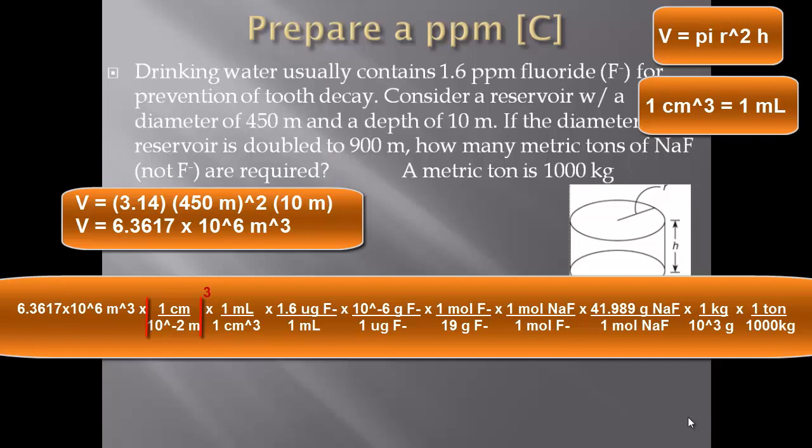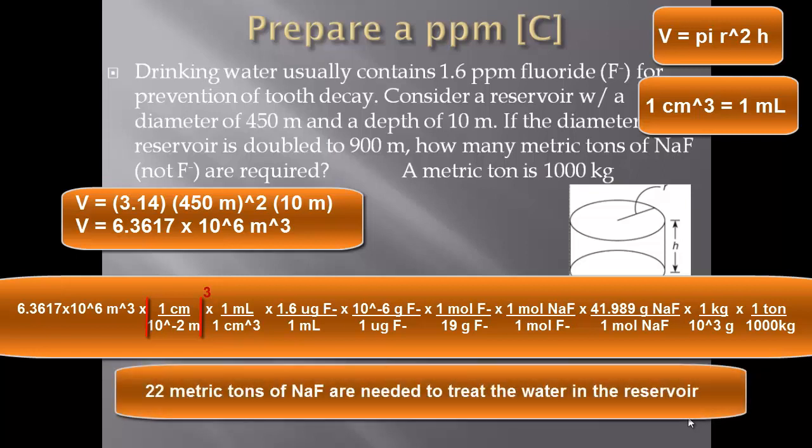Because I know the conversion they gave me, 1 metric ton is 1,000 kilograms. And if you multiply and divide all of that, you'll see that you get 22 metric tons. So you're going to need 22 metric tons of that NaF to treat a reservoir of drinking water that's 900 meters in diameter and 10 meters in height.